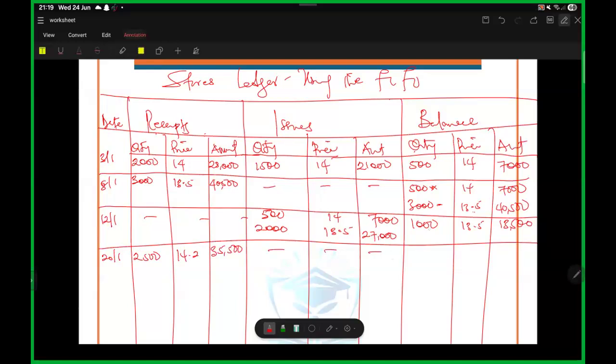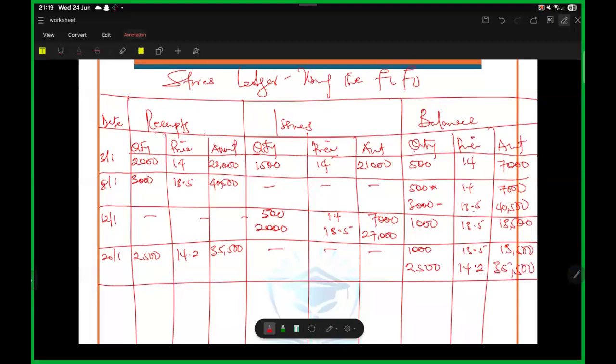So now the balance is still 1,000 at 13.5, giving me 13,500. Then the one I just calculated, 2,500 came in at 14.2, giving us 35,500. I'm done. I close it nicely.